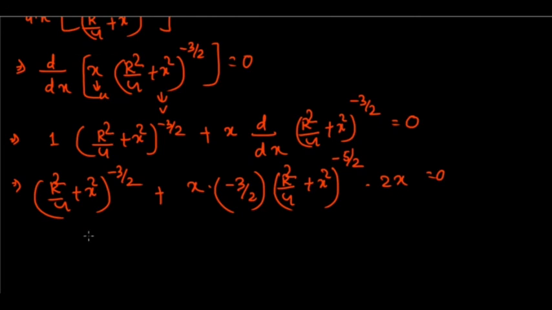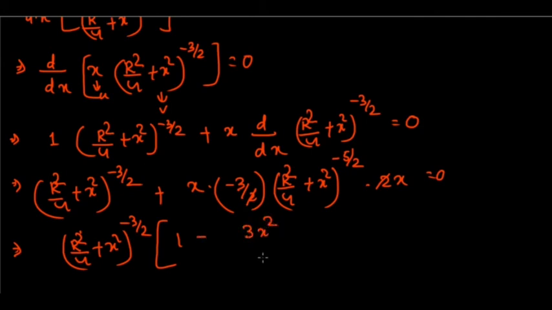So the next step is I can write this quantity as, let us take (r²/4 + x²) power minus 3/2 common, you will get 1. Then just look at the second term, 2 and the 1/2 will cancel, and you will get 1 minus 3x² divided by (r²/4 + x²).